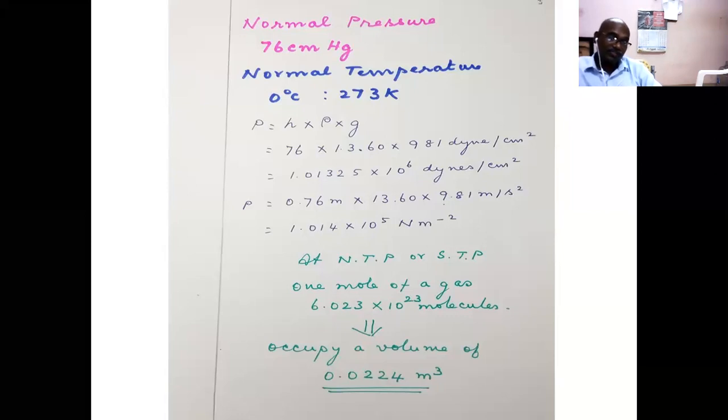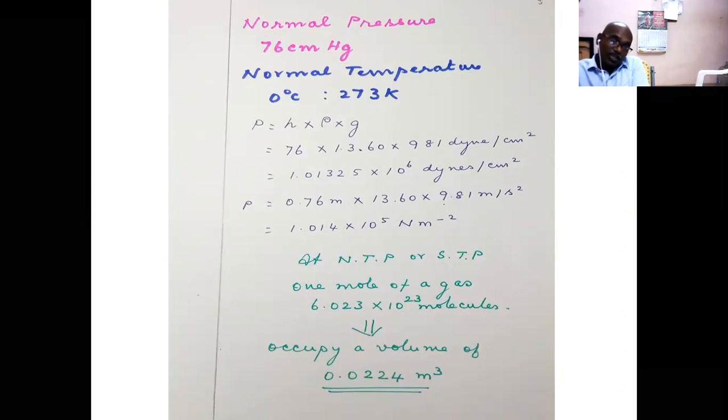Actually, the construction of a barometer is very simple. You have to take a long glass tube closed on one side, and fill it with mercury, and then close the open mouth with your thumb, and then you have to invert that into a beaker containing mercury and open. That's all. Now the mercury will come down, creating a small vacuum at the top.